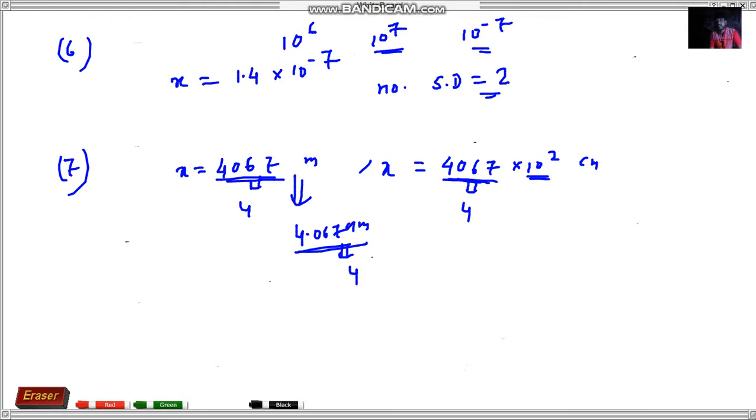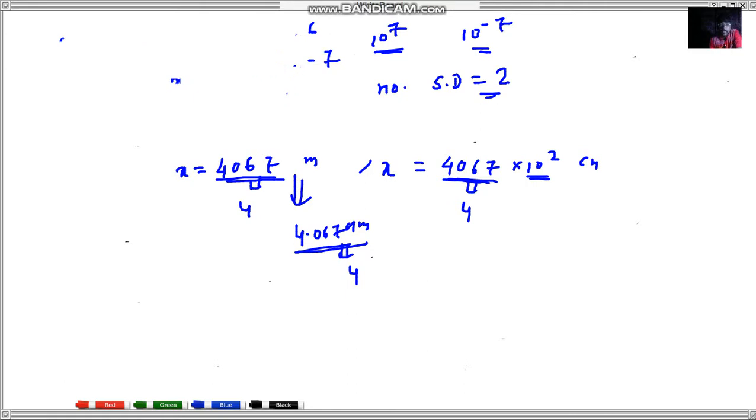So these are certain rules of determining the number of significant digits. Very simple questions are asked from this topic in various exams. You are given a number and you are asked to find the number of significant digits. Let me summarize the rules in a tabular method, so the concept will be clearer to you.